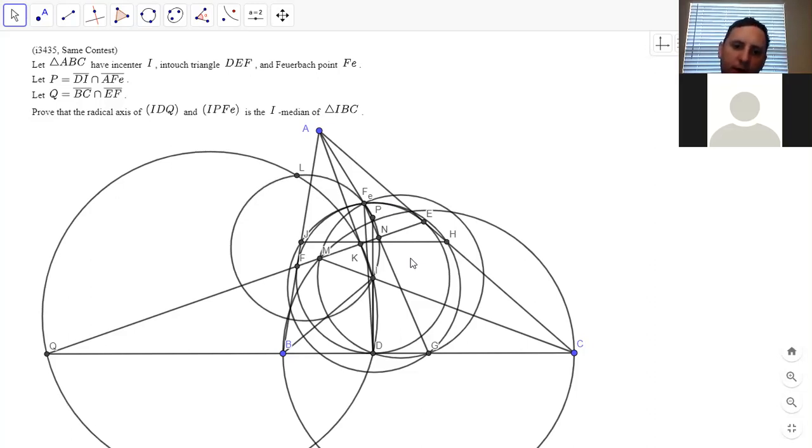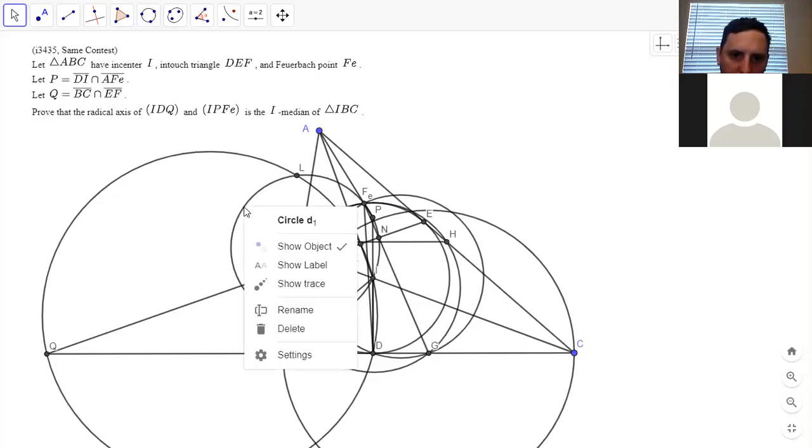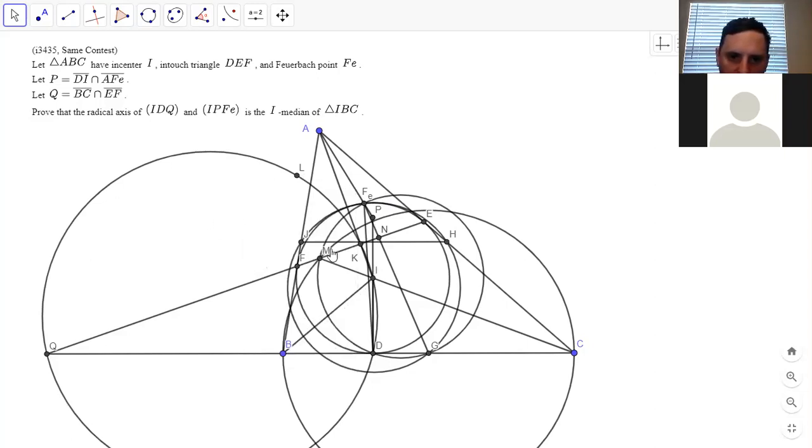Well, wait, then it would. So basically, if we hide this circle, we want to show that IFEPN is cyclic, right? IFEPN. Yeah, if we define N as the inversion of FE.